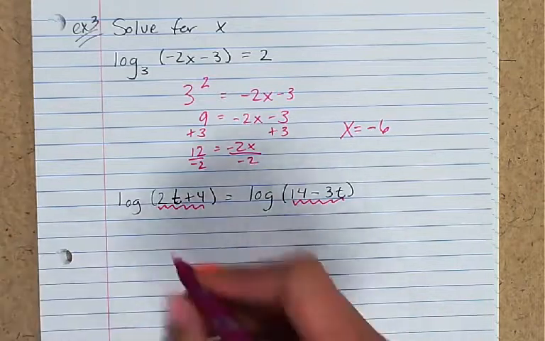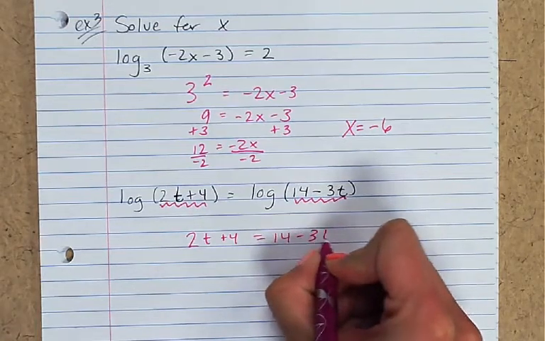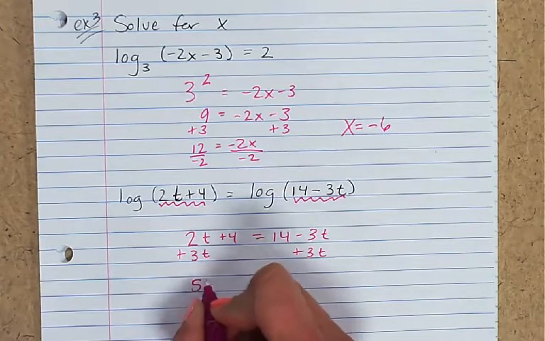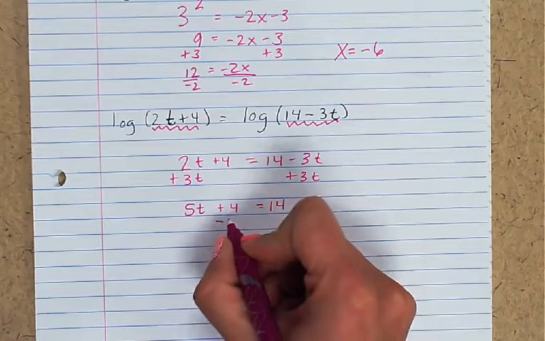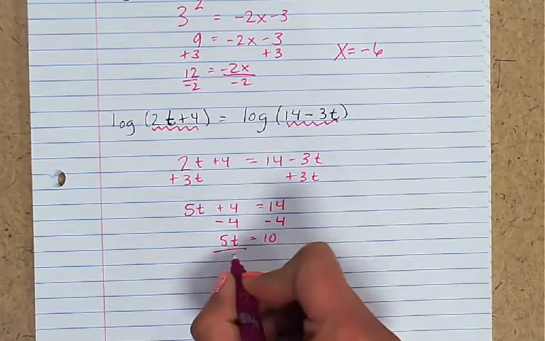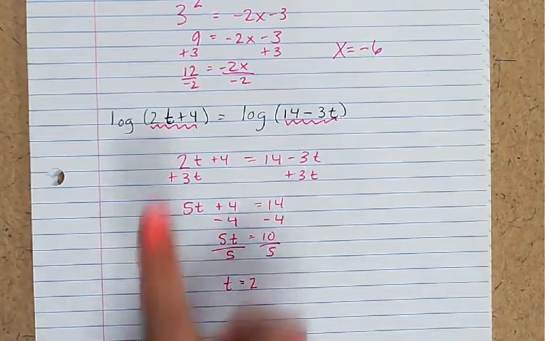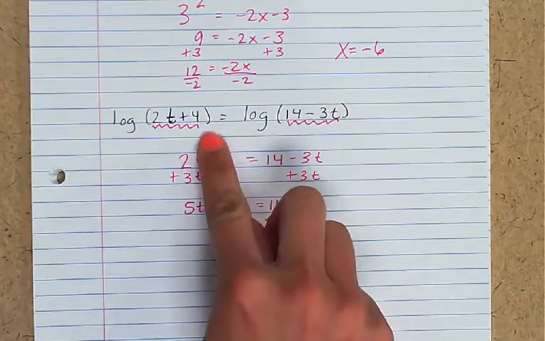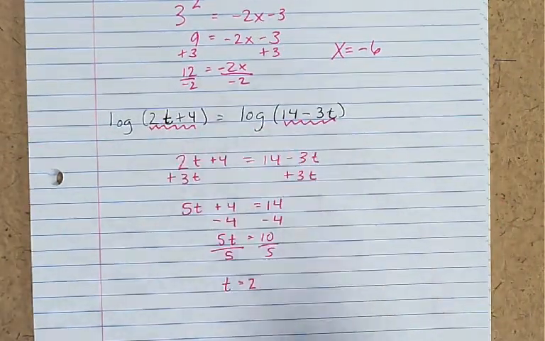So we can just pull that part out and say 2t plus 4 has to equal 14 minus 3t. And t would be 2. And you can always plug it back in to see if you are correct. So 2 times 2 is 4, plus another 4 is 8. 14 minus 6, also 8. So we would have log 8 equals log 8.